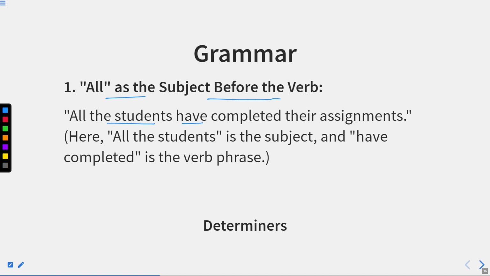All of these students have completed their assignments. So all of the students is a plural noun, so have completed. If the is not there, and it is written all students, then also have would be there. All these students is the subject and have completed is the verb phrase.